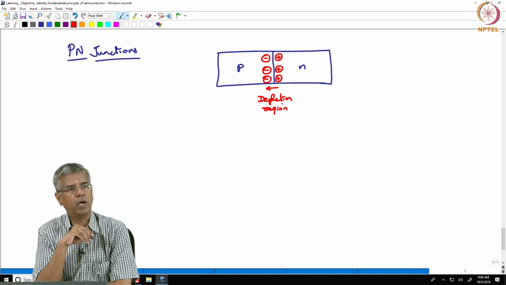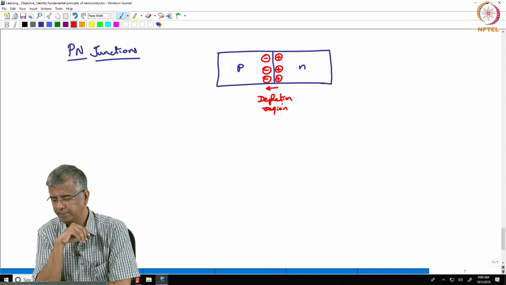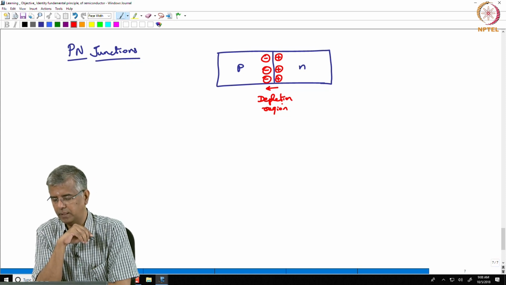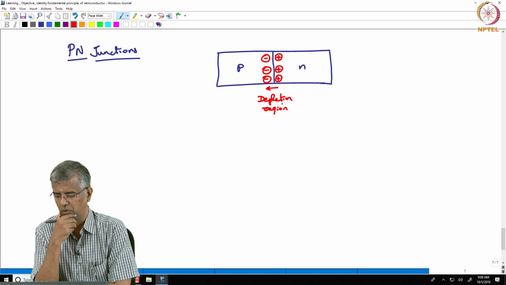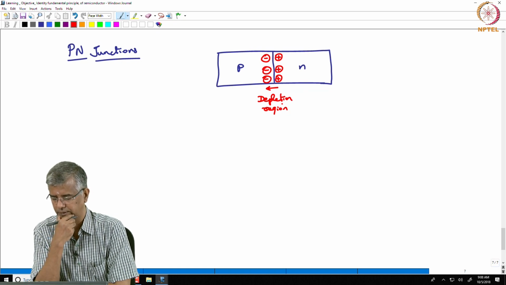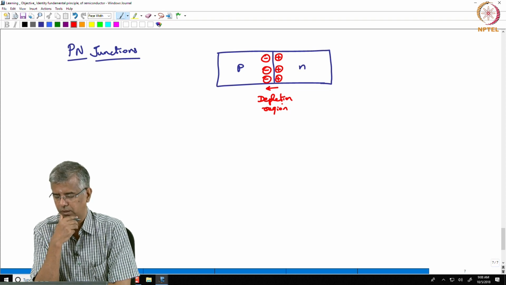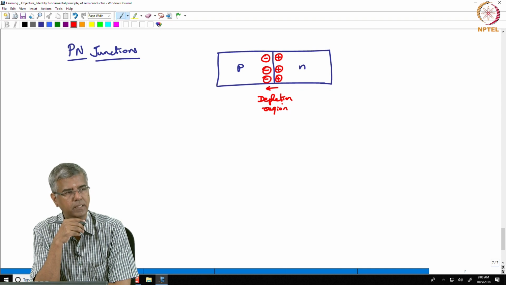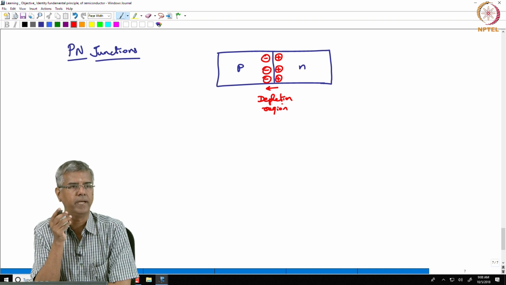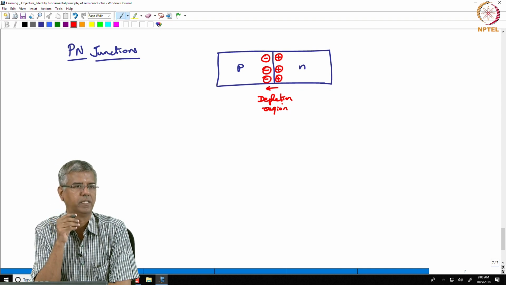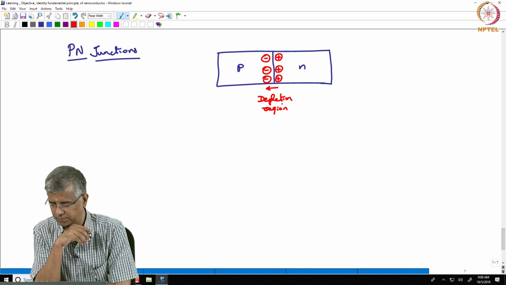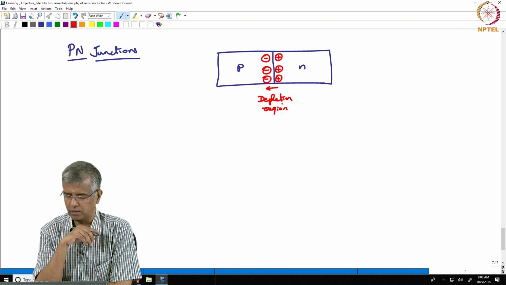Okay. So you have a depletion region where you do not have any mobile carriers. And of course, there is an electric field across that, and correspondingly a potential difference is developed across that junction. Okay.